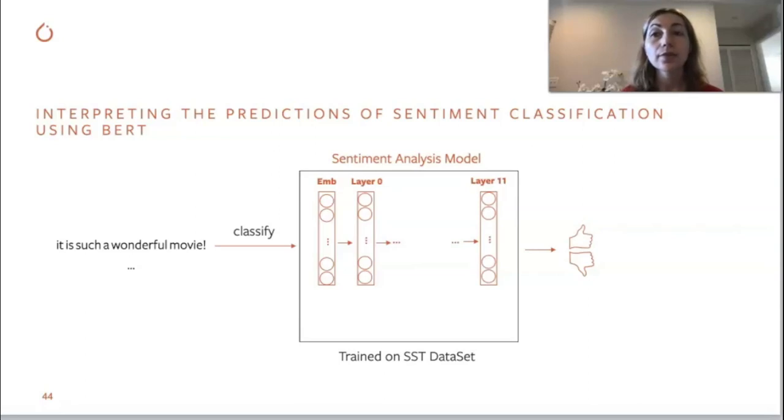Let's also assume that we are making predictions using a pre-trained model and a given text sample, such as "it is such a wonderful movie." In addition to that, we assume that our model makes a correct prediction and correctly predicts positive sentiment for this example. Our goal is to understand the role and the importance of different neurons in given layers for positive sentiment prediction.